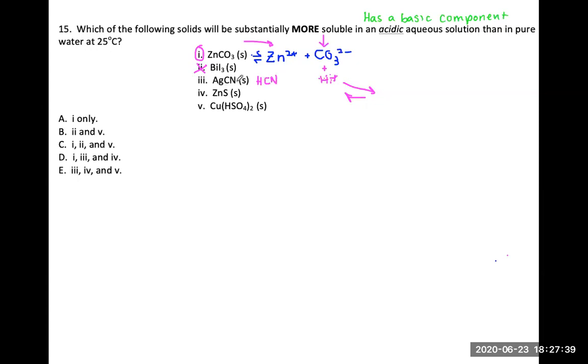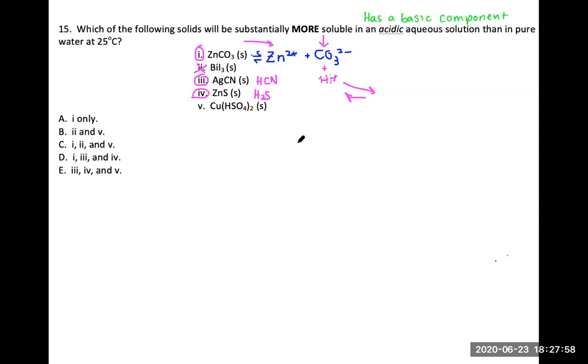So that's a weak base. It'll be more soluble. Same thing goes for zinc sulfide, because you can make H2S. That sulfide is a weak base, so this will be more soluble in acid.